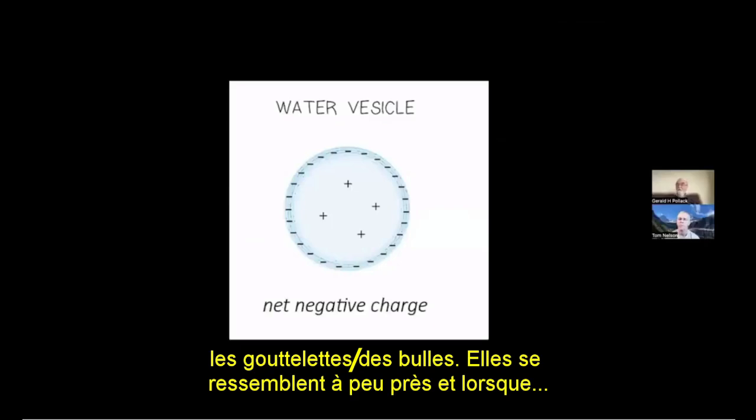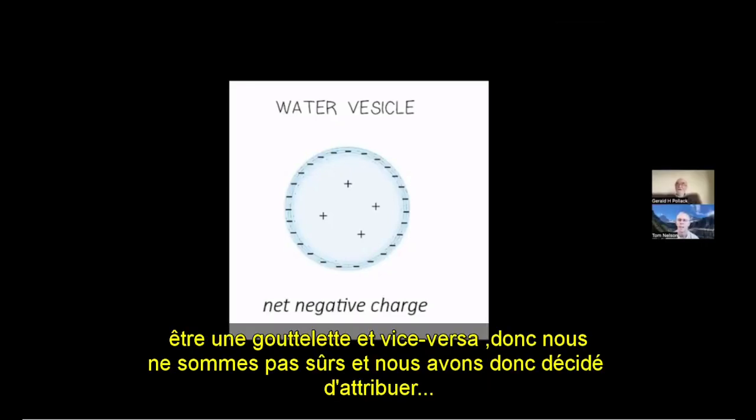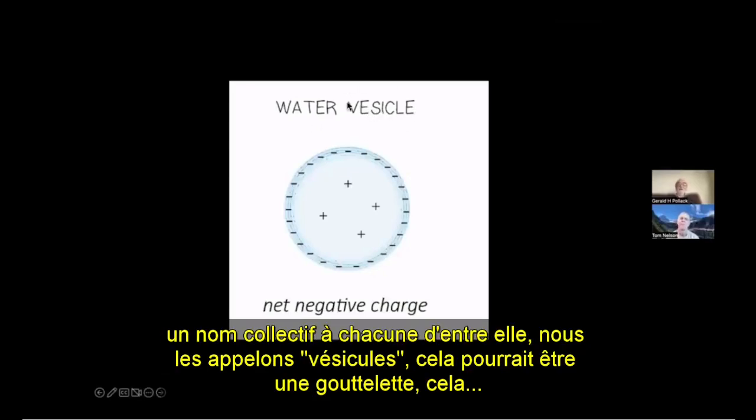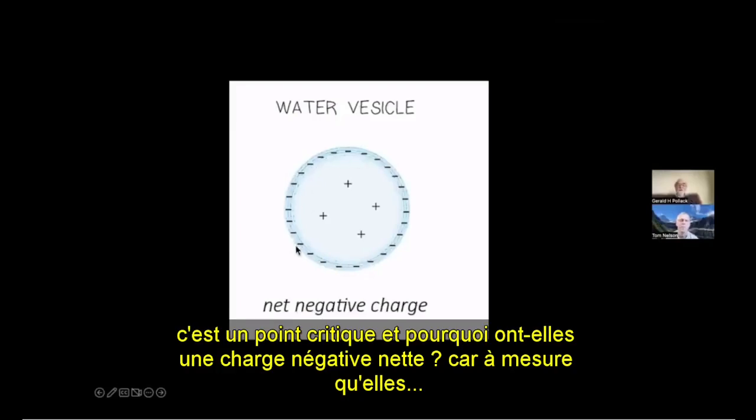They kind of look pretty much the same. And when we've done experiments and we thought we'd have a bubble, it turned out to be a droplet and vice versa. So we're not sure. And so we decided to assign a collective name to all of them. We call them vesicles. It could be a droplet, could be a bubble, but the important point is they have net negative charge. This is a critical point.